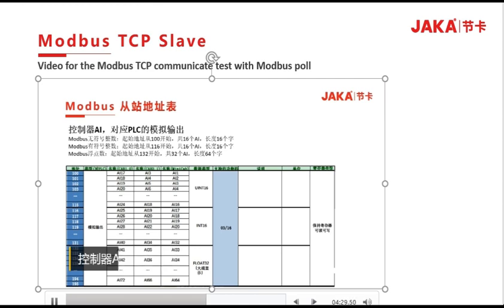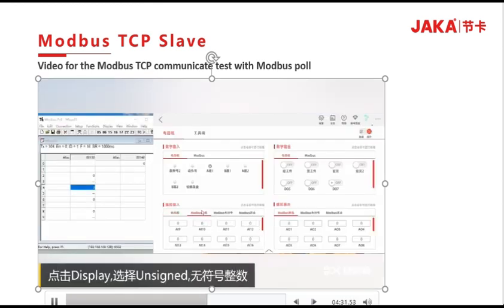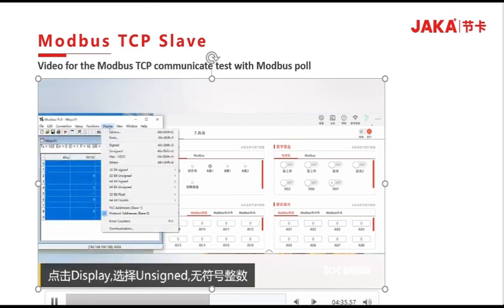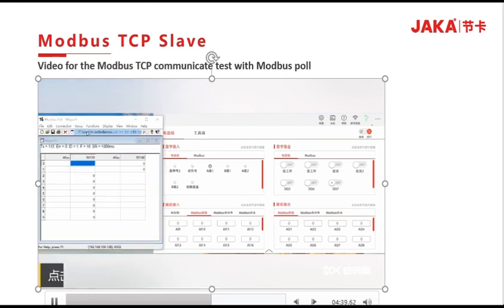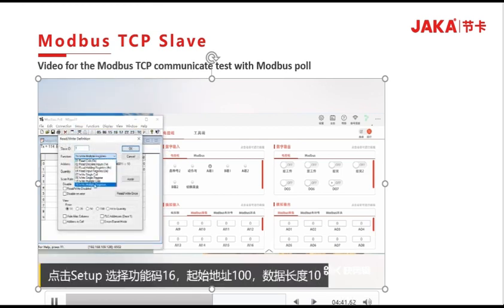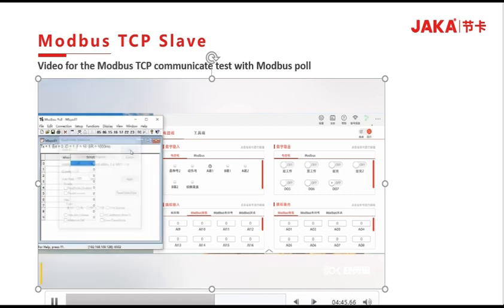Now the controller AI. For the integer, click display, select unsigned integer, click setup and select 16. Starting address 100, input the register value. The status can be read from the app.